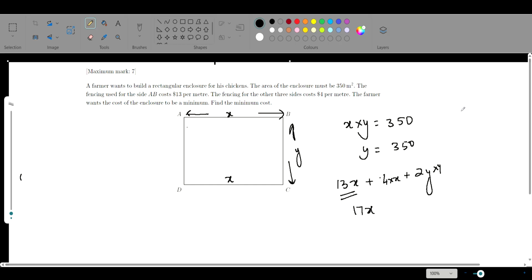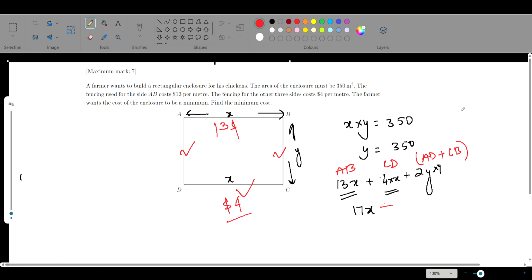This is the cost of finishing on AB, and this is the cost of finishing on the side of CD, because it's saying that AB only costs $13 per meter. The rest, AD, CD, BC, cost $4 per meter. So it's AB, it's CD, and 2 times Y is AD plus BC, 2 times Y times 4.